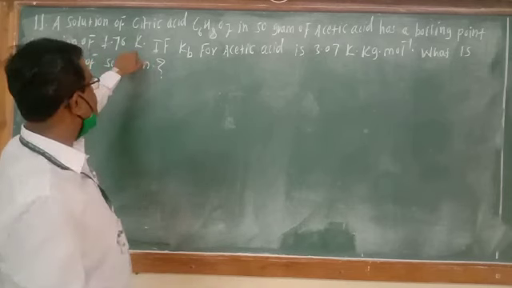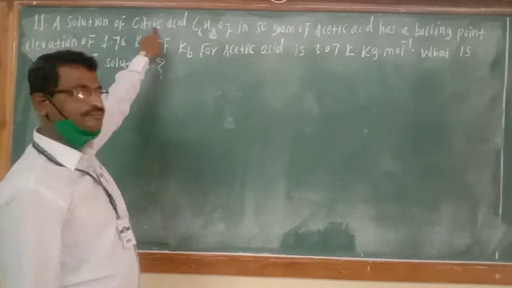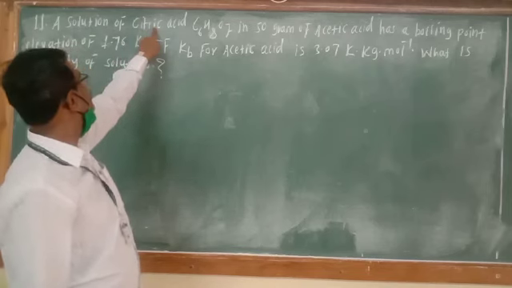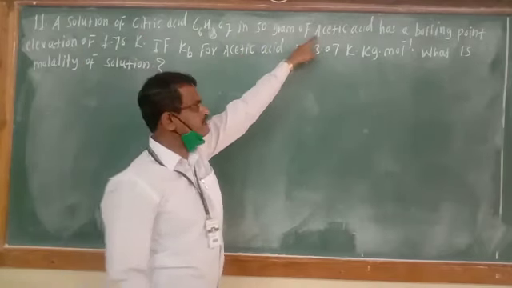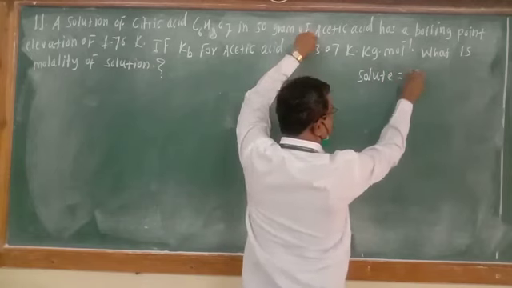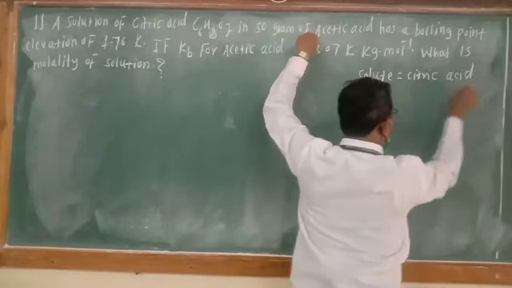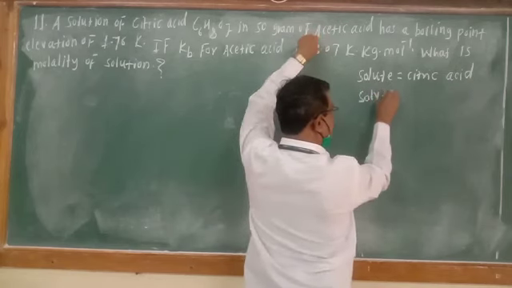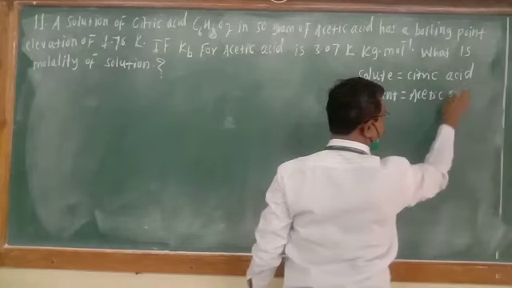So from this we will easily come to know this is a solute, and the solvent is acetic acid. Solute is nothing but citric acid, and the solvent in this problem used is nothing but acetic acid.